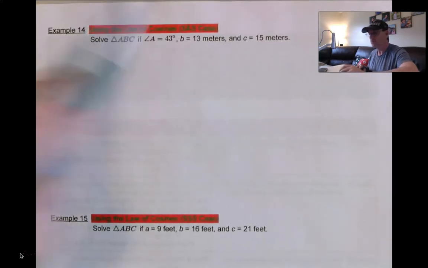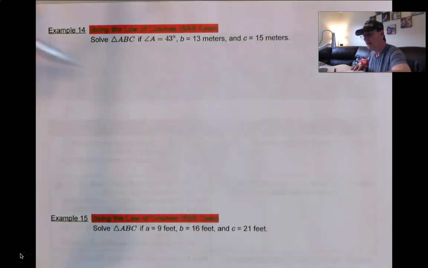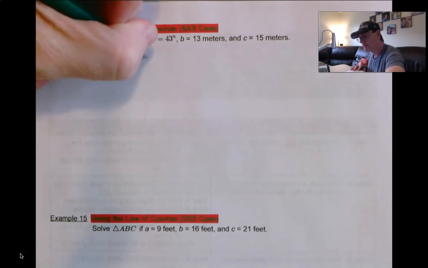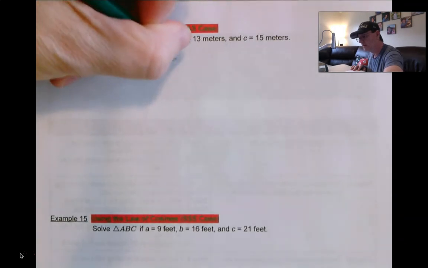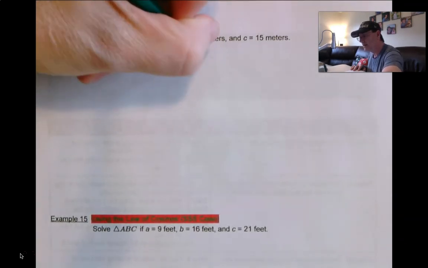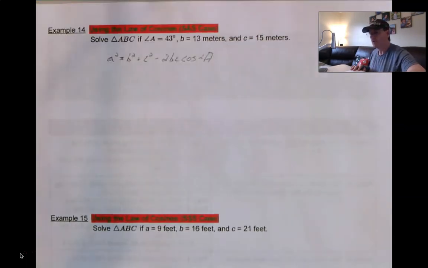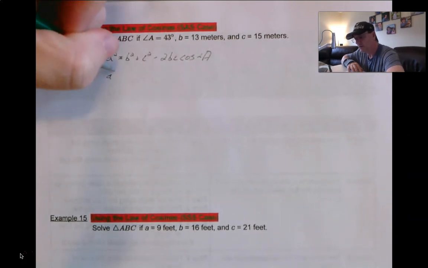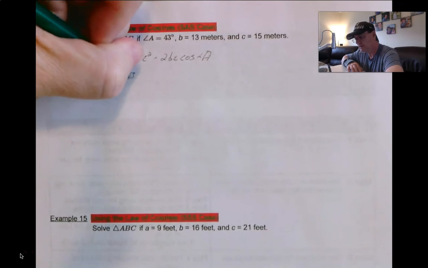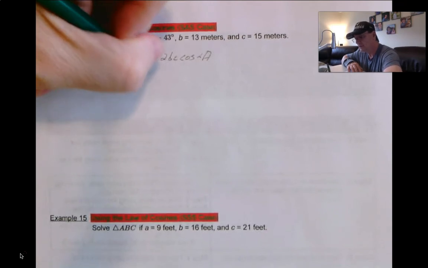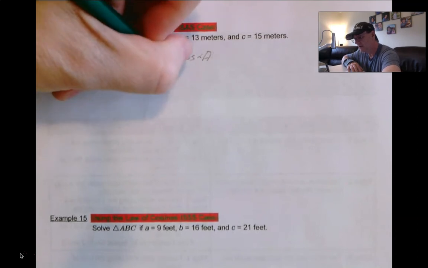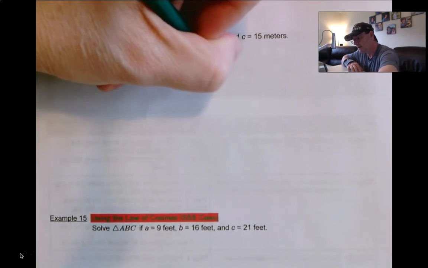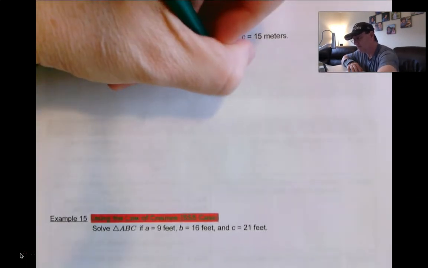So what side's missing? We know b, we know c, we're missing little a. So a squared equals b squared plus c squared minus 2bc cosine angle A. Plug in everything we know: a squared equals 13 squared plus 15 squared minus 2 times 13 times 15 cosine of 43 degrees.